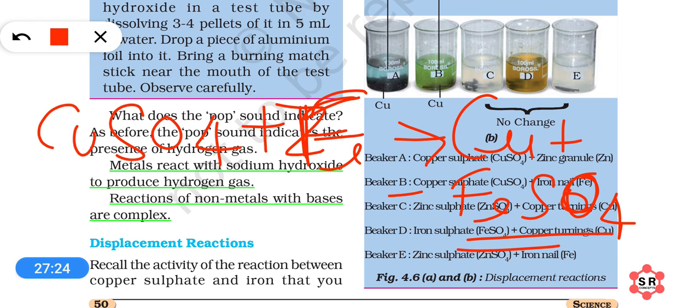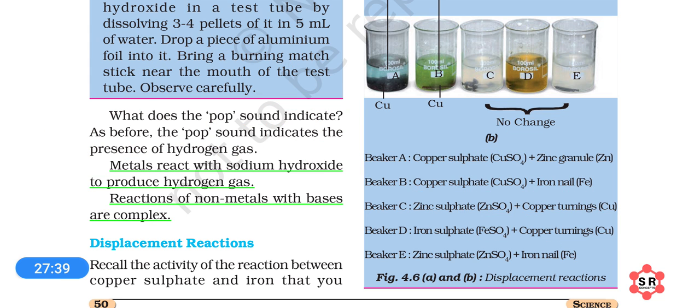Here again we see that iron is more reactive than copper, so iron will kick away the copper from copper sulfate and fit itself there. So iron can displace copper from its salt.